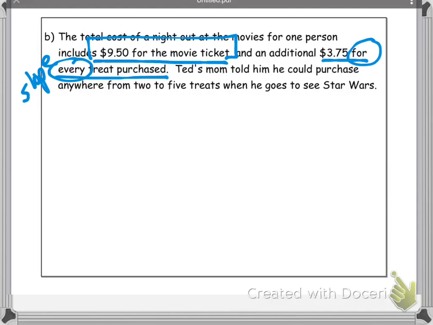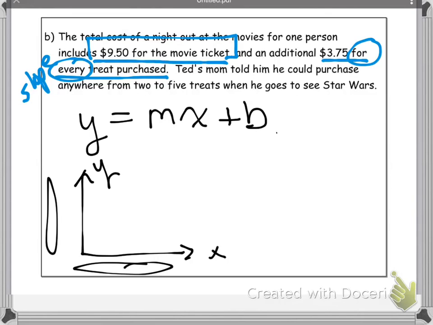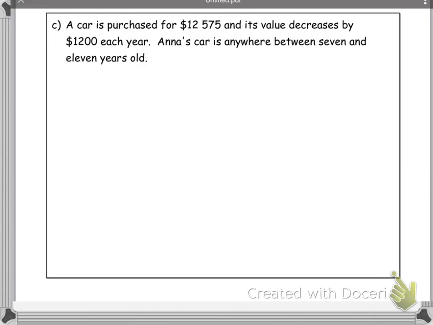Well, if you go to the movies, you're going to pay $9.50 just once for the ticket, and then say you buy 3 treats, that's $3.75 times 3. Say you buy 5 treats, that's $3.75 times 5. So you figure out for your homework where your slope and y-intercept go in there, and you can even sketch it and label titles for your x and y axis. We are going to do more for this too.